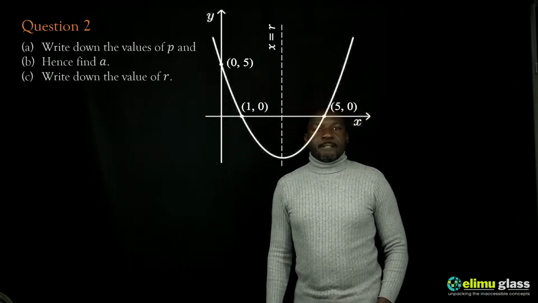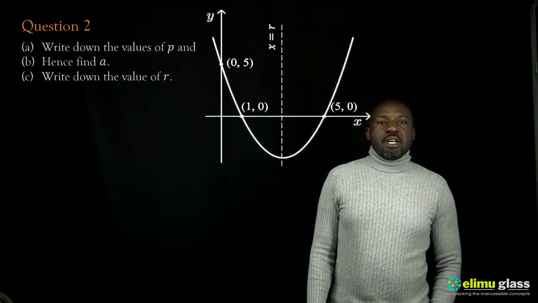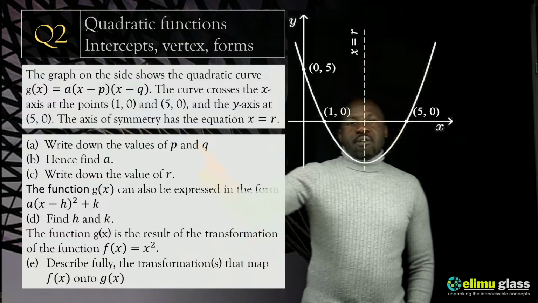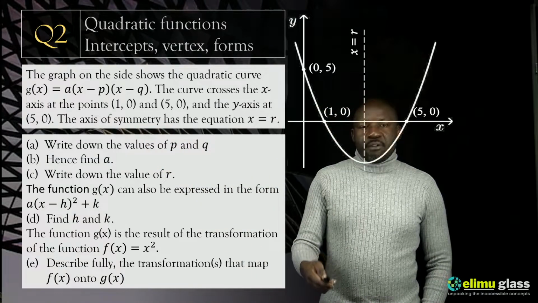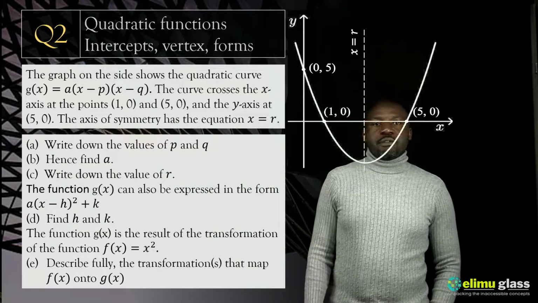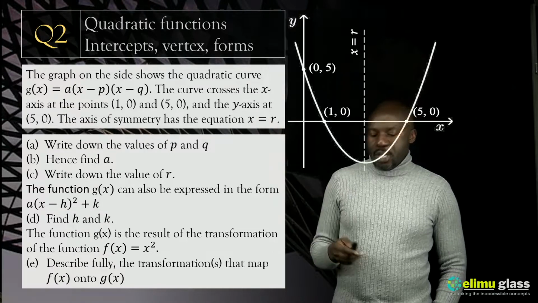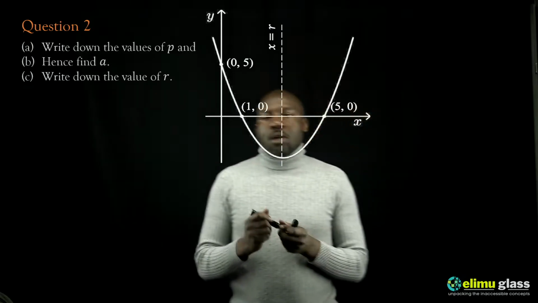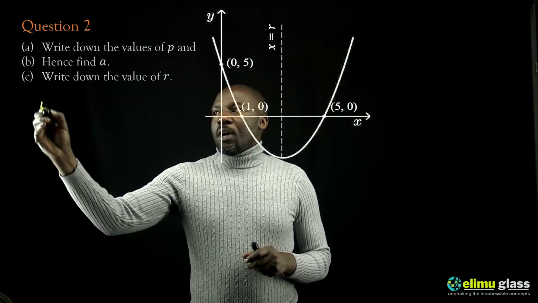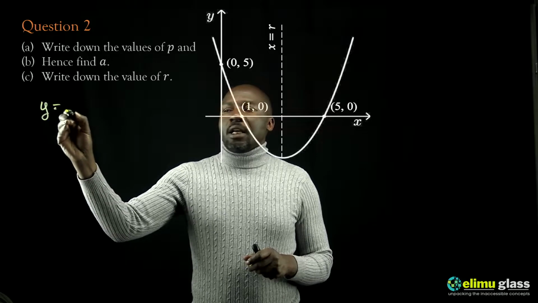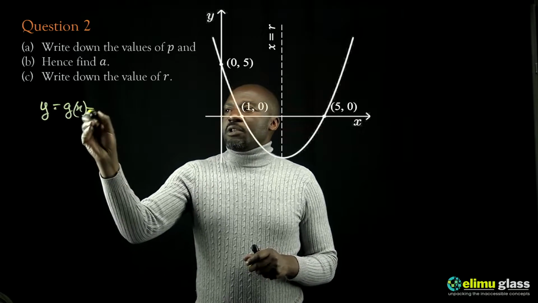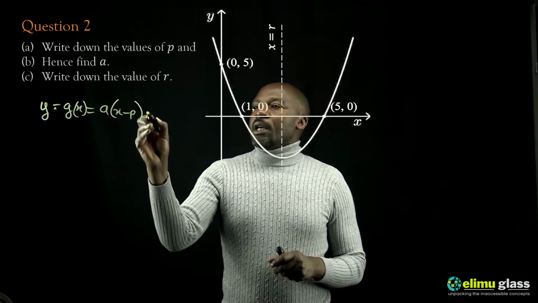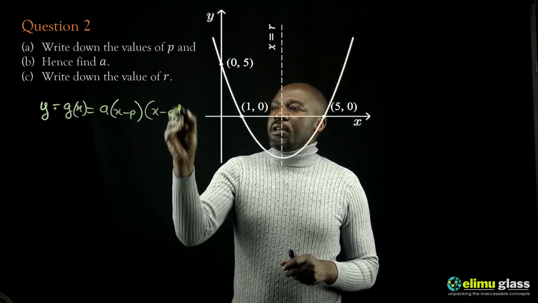Here's the graph again. Write down the value of p and the value of q. This should be easy. If we are given the function in factor form, the first expression up there, basically we are given that y, or f of x, or g of x, was equal to a into x minus p into x minus q.